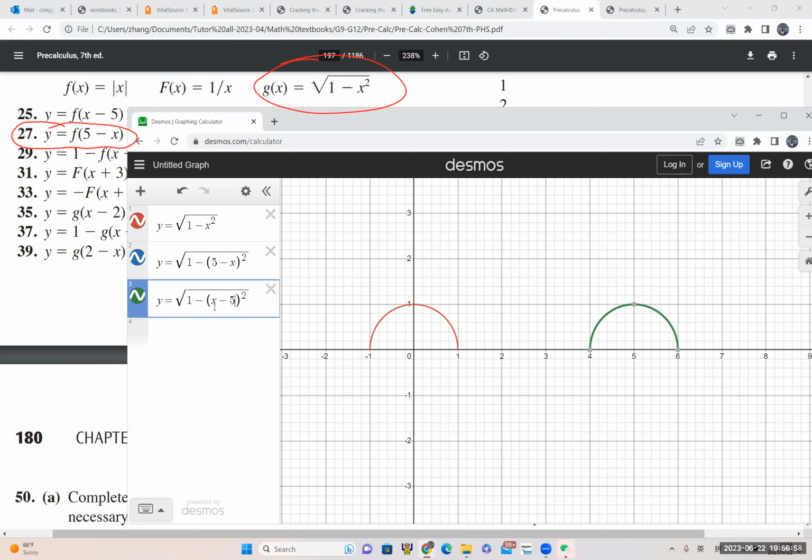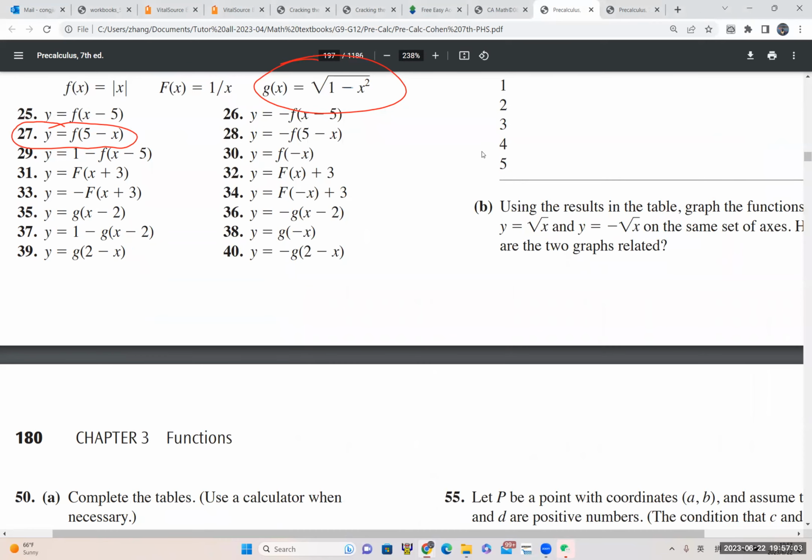So the function here is too special, because this is what we call an even function. So when we reflect about y, actually nothing changes. But this one is different.